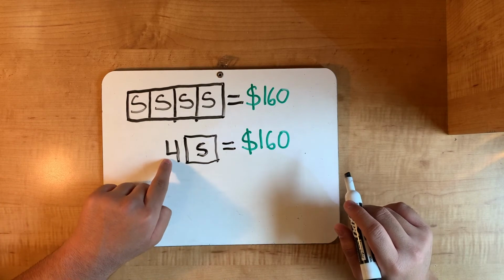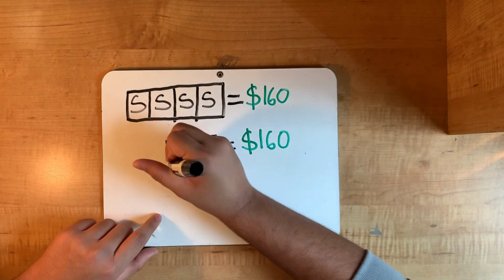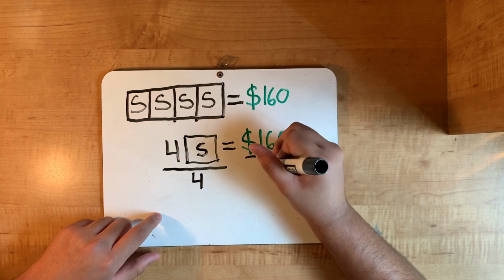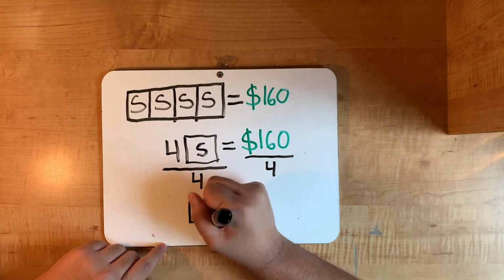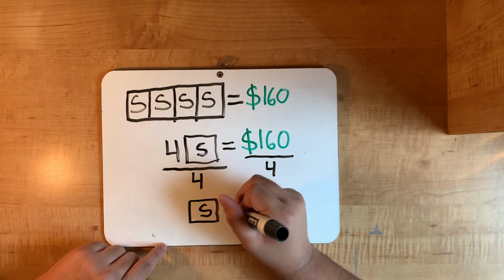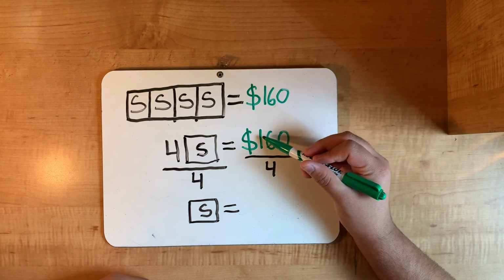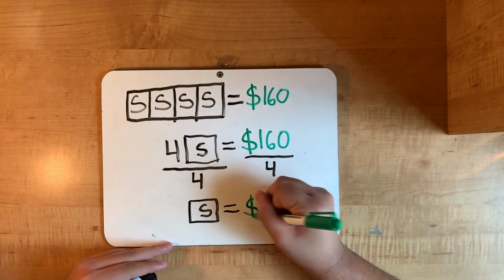Since 4 is being multiplied by 1 speaker, we need to get rid of that 4. So we divide by 4. And then we get 1 speaker is equal to what? 1 speaker is equal to 160 divided by 4, which is 40.